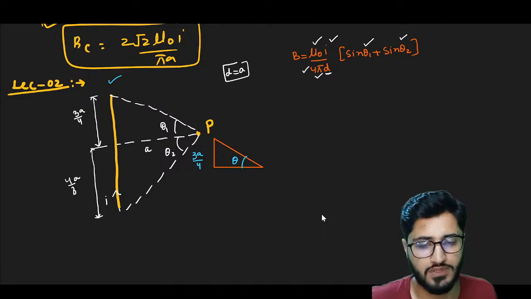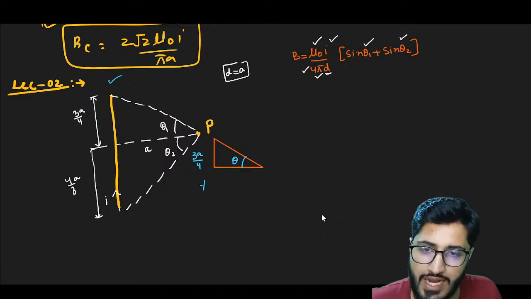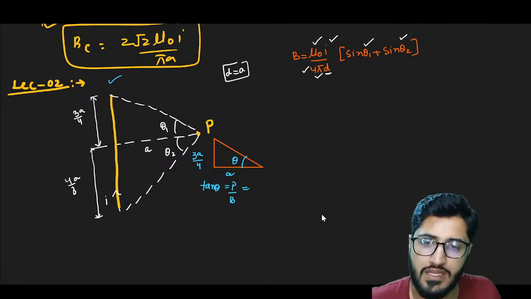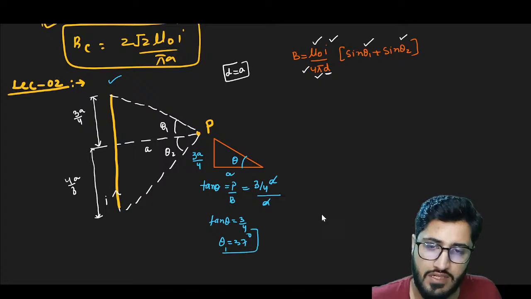If this one is theta and this is 3a by 4, we can write tan theta equals perpendicular by base. P is 3 by 4 a and b is a, cancel out. Now my tan theta came out to be 3 by 4, so theta is 37 degrees. If theta 1 is 37 degrees, then theta 2 is 53 degrees.